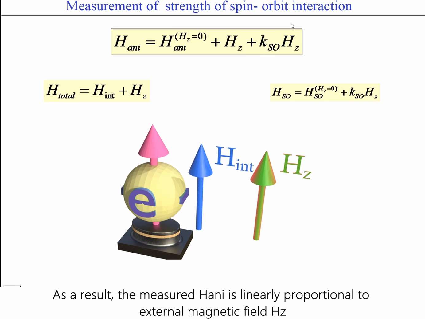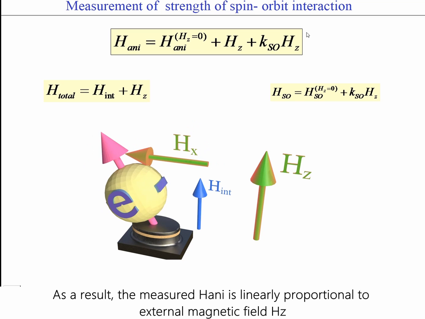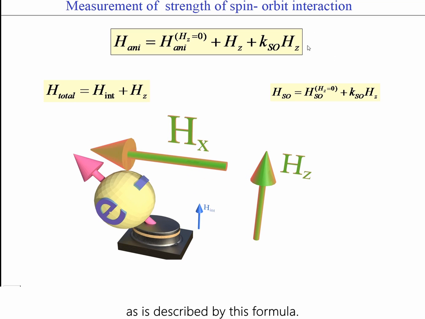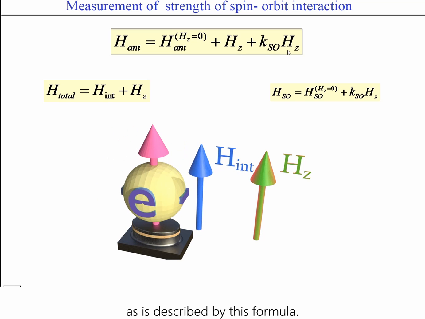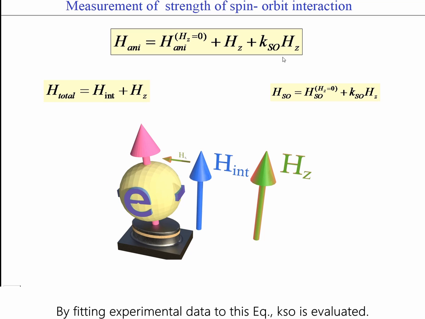As a result, the measured anisotropy field is linearly proportional to external magnetic field Z, as described by this formula. By fitting experimental data to this equation, the coefficient of spin-orbit interaction is evaluated.